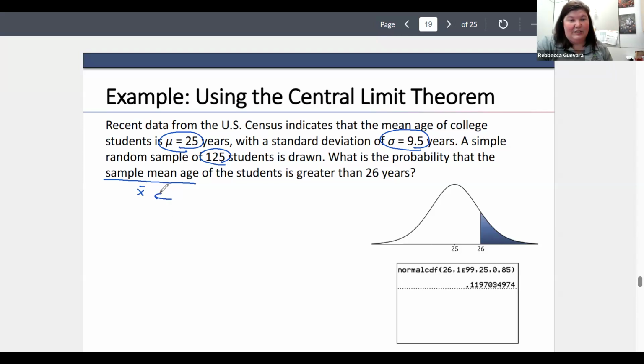To assess this, I need to know the mean of my means, and I need to know the standard deviation of my means. I'm not comparing this to the population. I'm comparing this to a population of means. My X bar is 26.